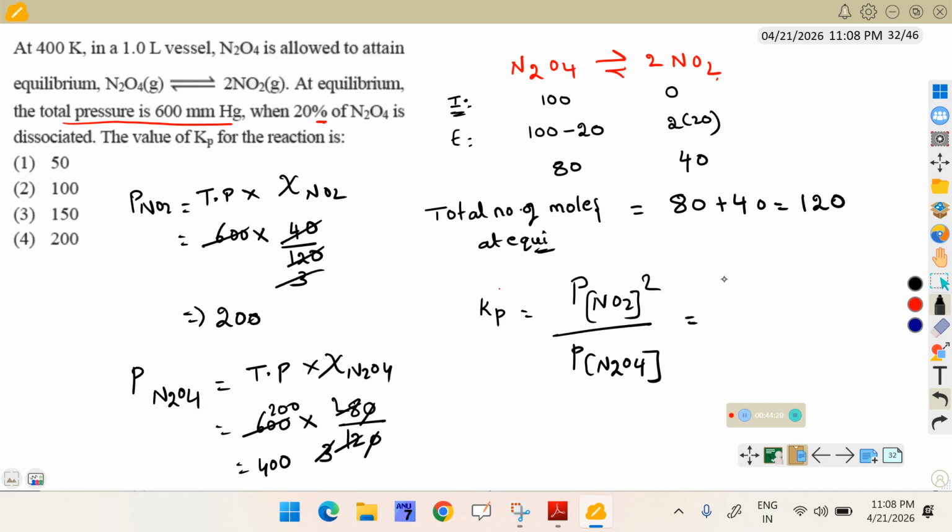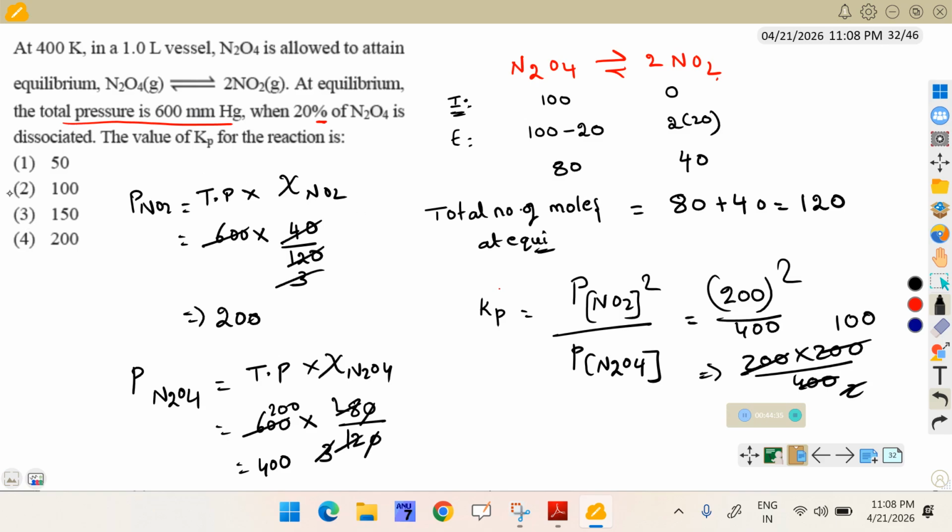Now substitute here 200 whole square by 400. 200 into 200 by 400, that is 100. So second option correct.